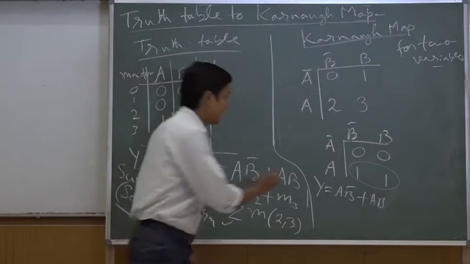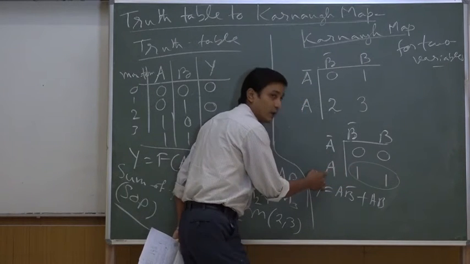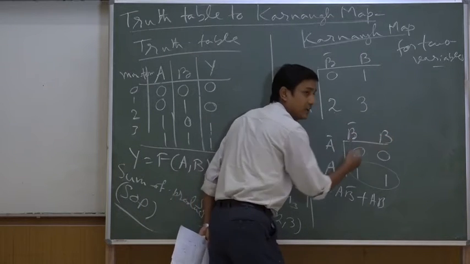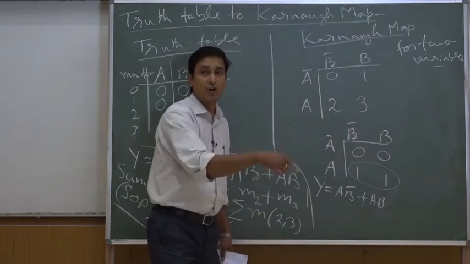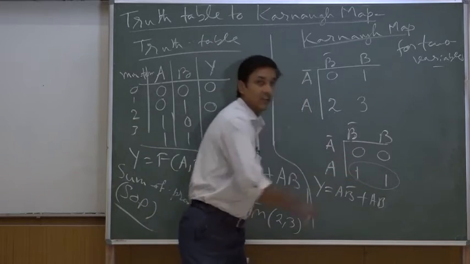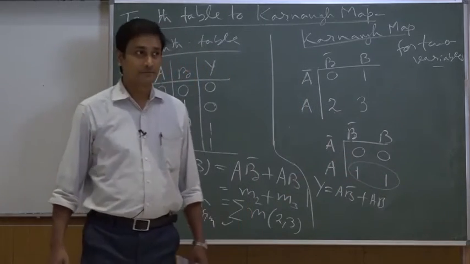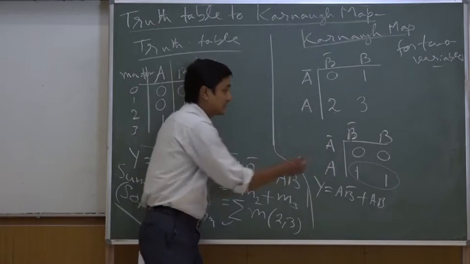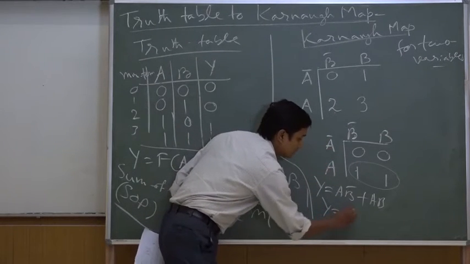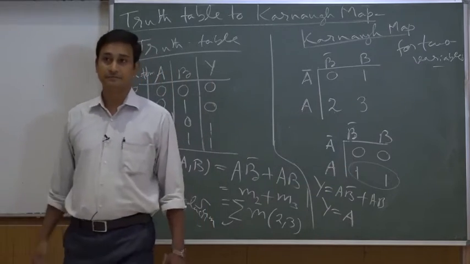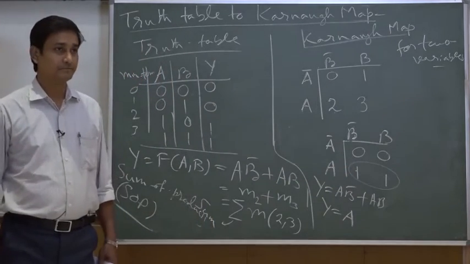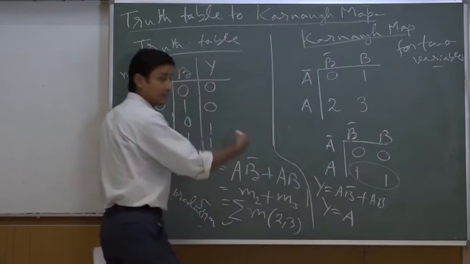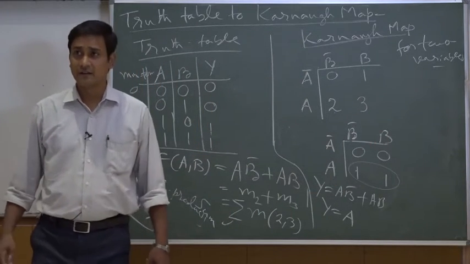Because this is 1, if A is 1, it does not matter whether B bar or B, that is B is at 0 or 1, because both the locations have the 1 there. In that case, I will say this expression is just y is equal to A, because I have come here and I am seeing these two are complemented to one another. So, finally, it is A.